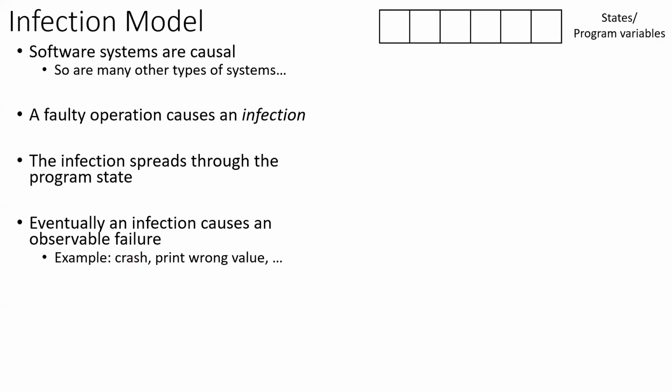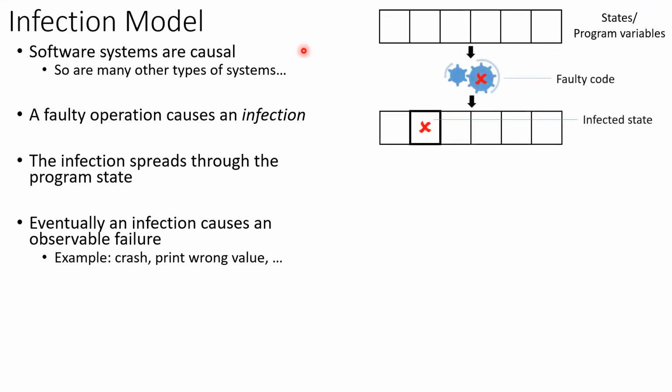So for example, you have your states and your program variables here, and there's some faulty code with some bug, and it results in an infected state, but you won't be able to see the infection. You won't be able to see anything going wrong at this point.